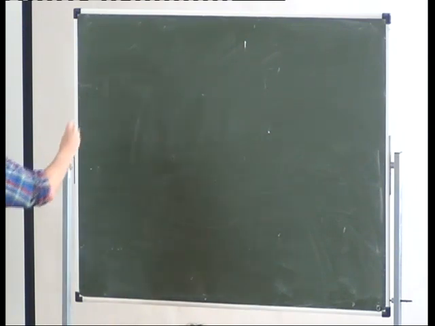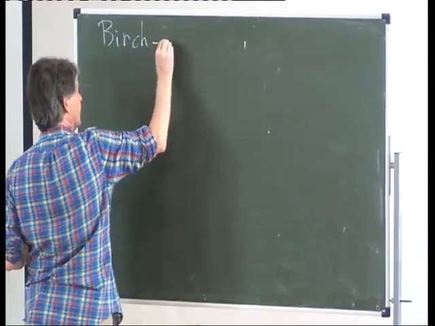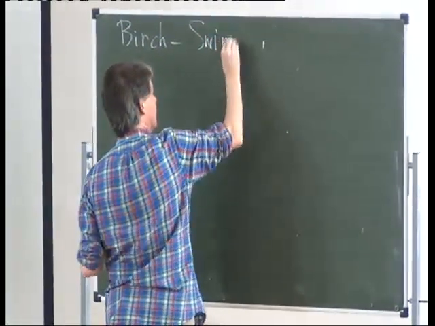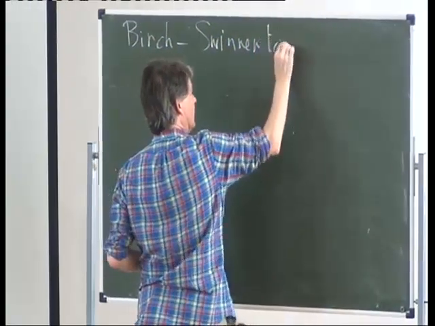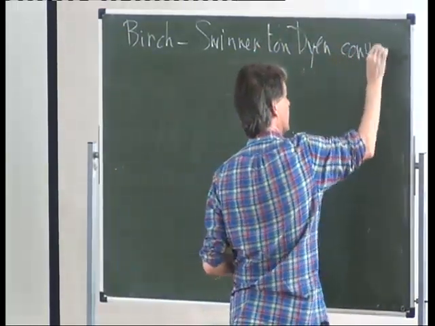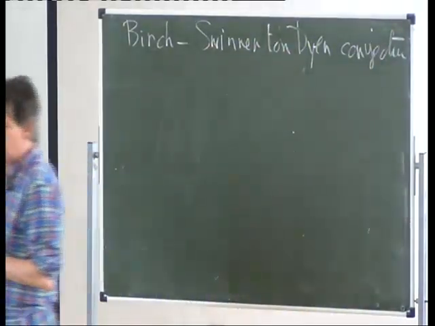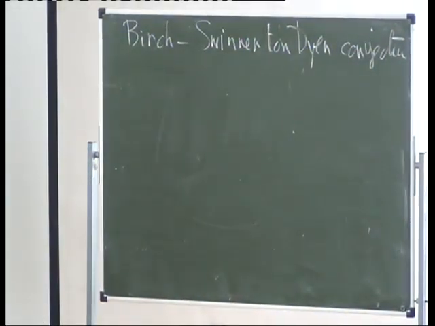So I will state the Birch-Swinnerton-Dyer conjecture. I state it only for an elliptic curve over Q, which is actually the original conjecture.